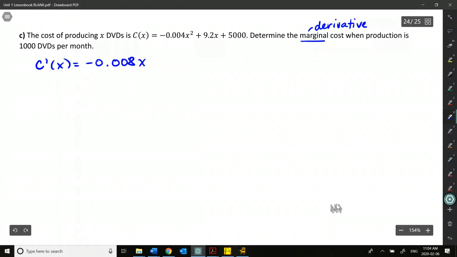Most of the time, the cost function is going to have to be given to you. So you won't have to worry about creating the cost function yourself. And then we're going to evaluate C prime at 1,000.